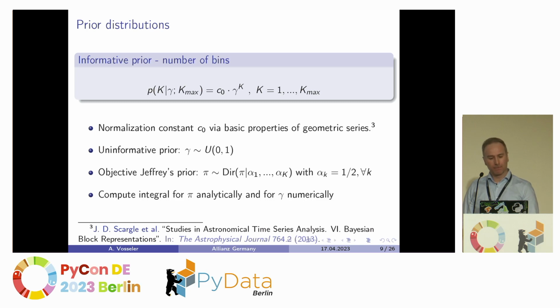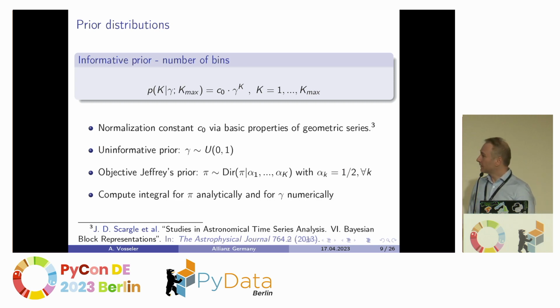And you can see from the form of this prior that it depends on a hyperparameter, so there's some sort of hierarchy in place. This hyperparameter gamma controls really the complexity, and we also put a prior on that parameter.